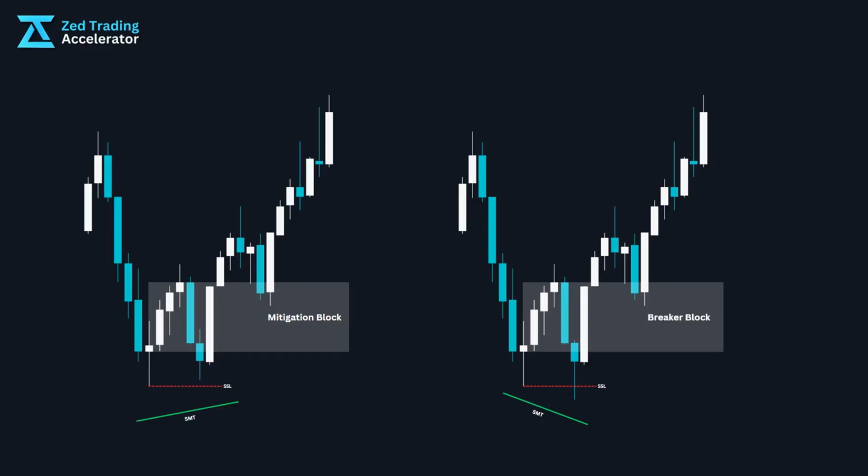Alright, so for example, this is the price action on Euro USD, and this is the price action on GBP USD. Since these two assets or pairs are correlated with each other, we expect them to move in the same way. So for example, if this pair took out this sell-side liquidity, we want to see this pair also take out this sell-side liquidity.